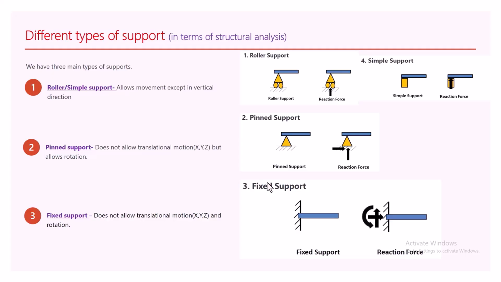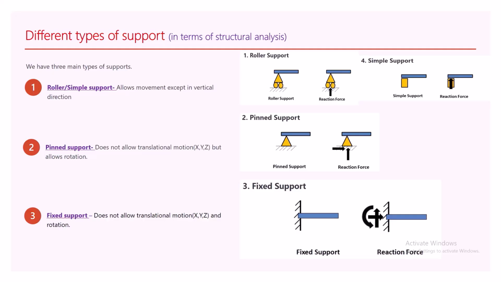So the first one is what we call the roller and the simple support. This type of support allows movement in all directions. So we have three movements. We have the upward movement, which is the vertical direction.